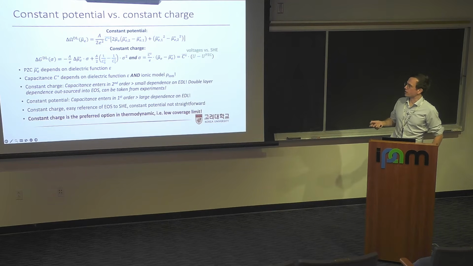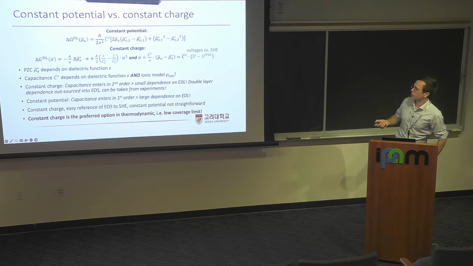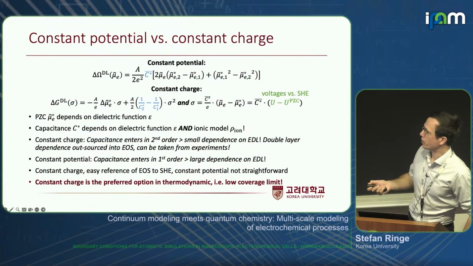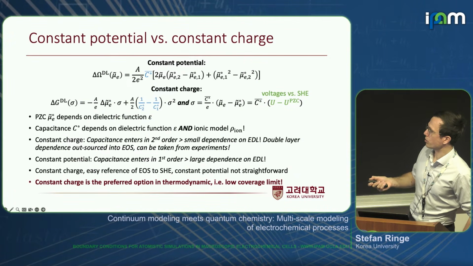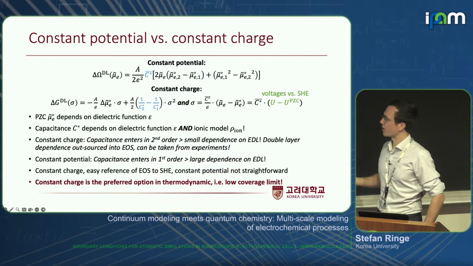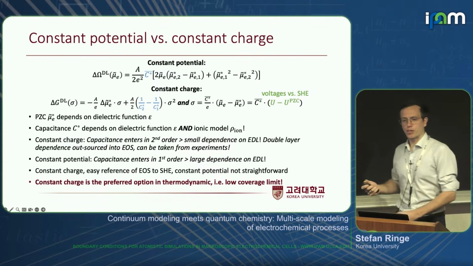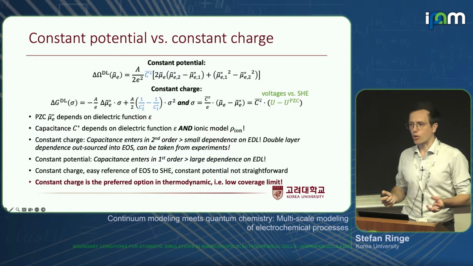And it turns out that in the constant potential method, the PZC enters everywhere, in the linear and quadratic term. But in the constant charge method, you can see that the linear term is only a function of the PZC. The capacitance is fully sorted out to the second order term. Now, why is this important? Because the capacitance is much more complicated.